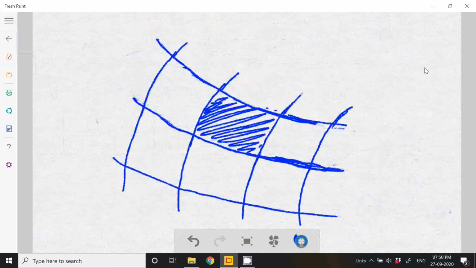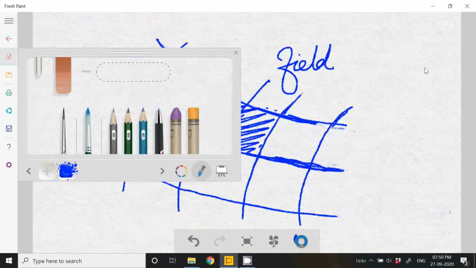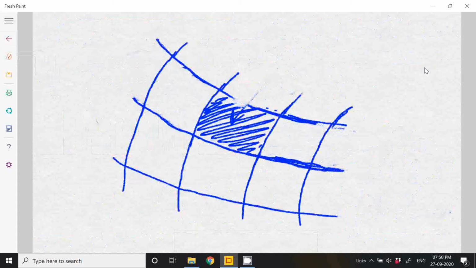This is a space made by two flow lines and two equipotential lines. So this space is called a field. I hope you understand this. Let me erase it. So this space will be called a field.